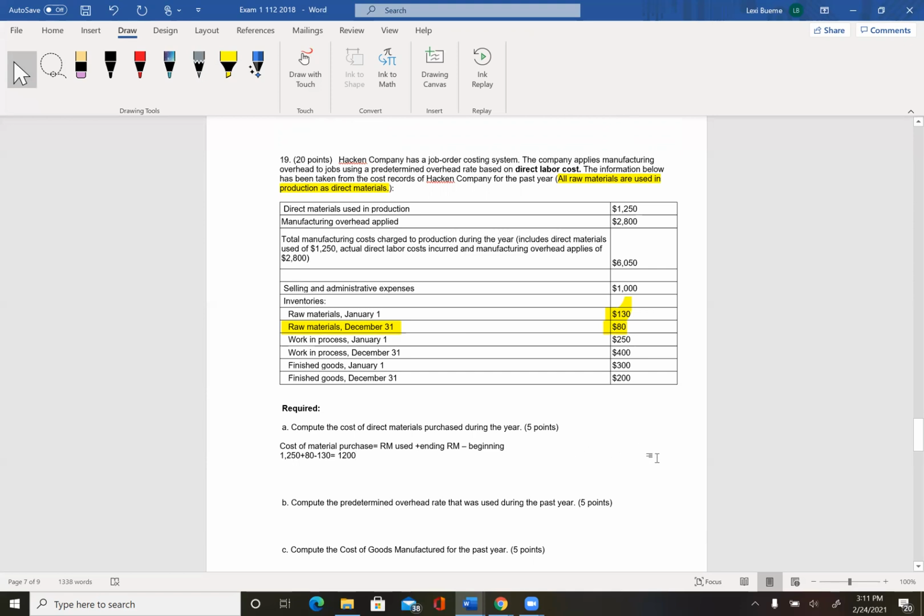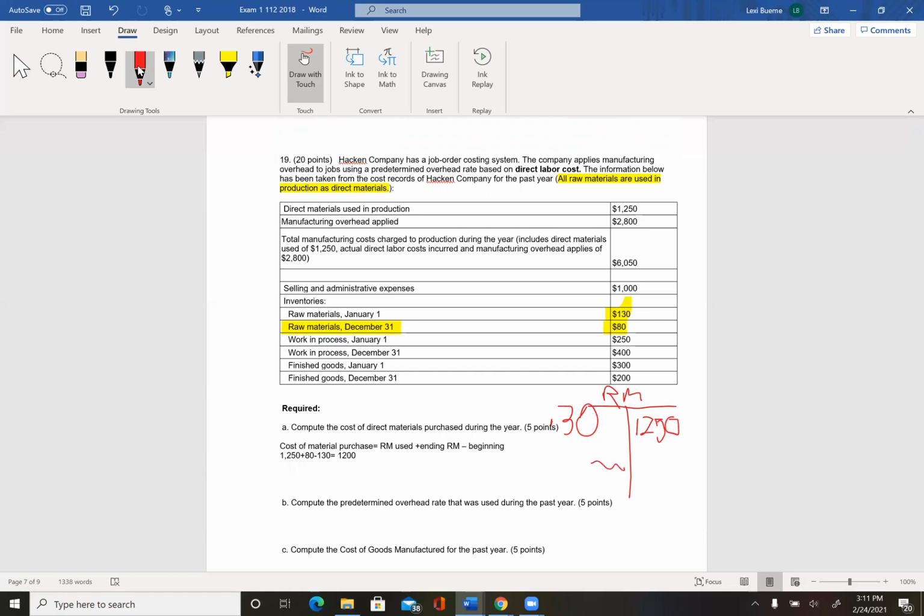Also, a good way to look at it would be from a T account. So that would look like this. That's raw materials. You'd start with the beginning, which would be 130. And then on this side, the direct materials used would go on the right side because they are used, so they're going to be taken out.